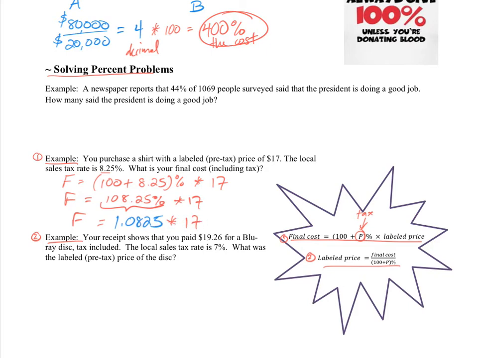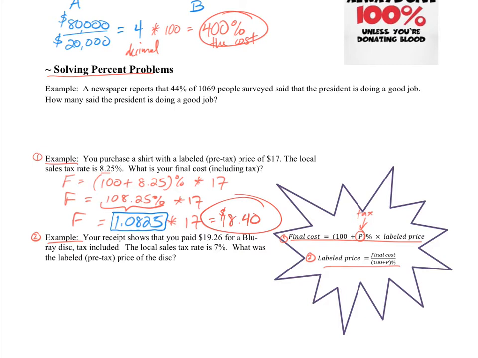Then you can perform your operations and you'll get something like $18.40 for the final cost of the shirt. So again, you have to make sure you're working with decimal equivalents of the percentages in the equations.